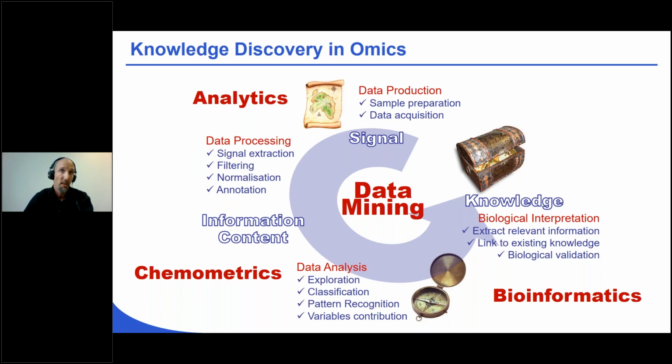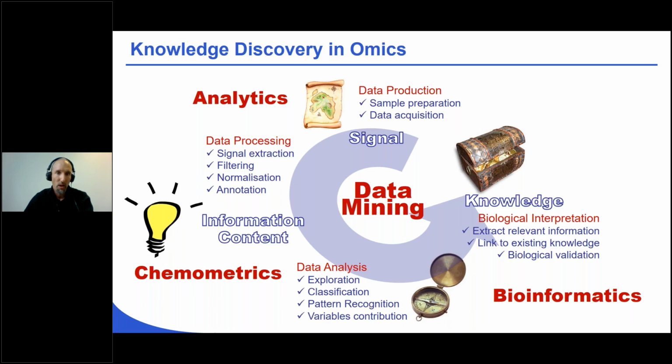So the next step is actually the data analysis part. And among the many solutions available to analyze your data, from classical hypothesis tests to more advanced machine learning approaches we hear a lot about these days, I think chemometrics offers efficient and complementary tools to explore your data and compare the experimental conditions you included in your design.